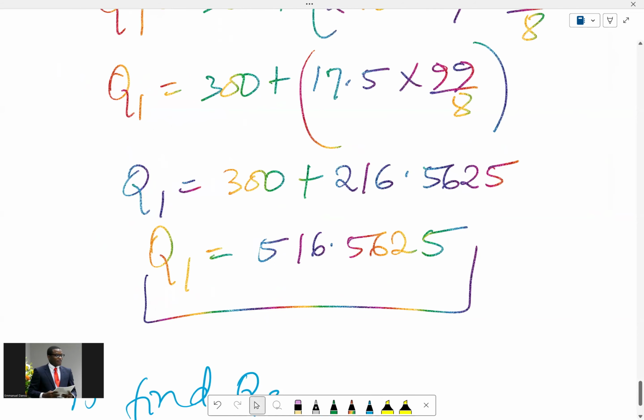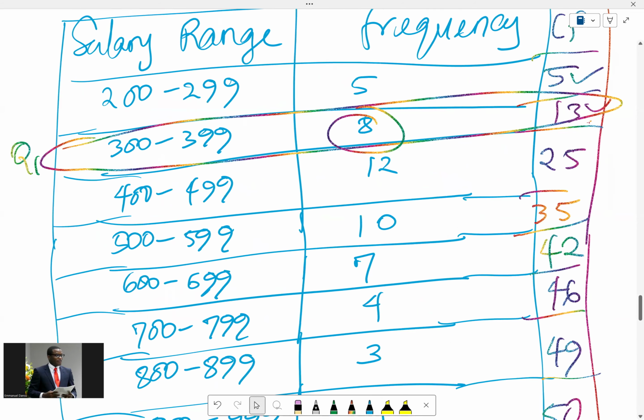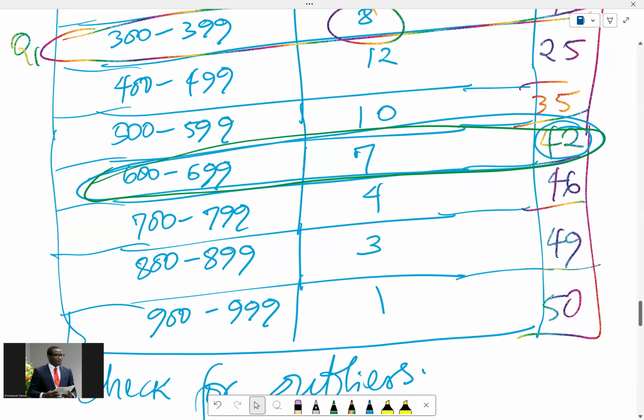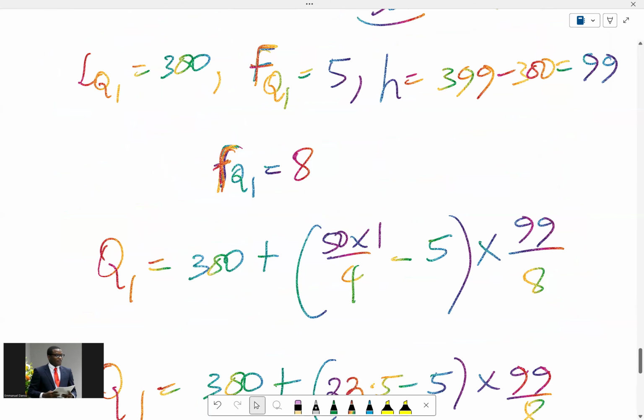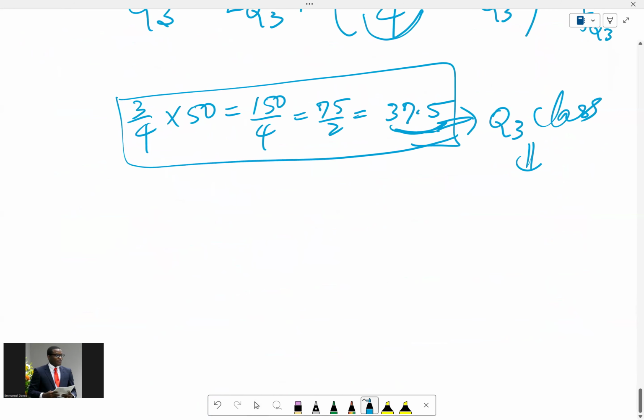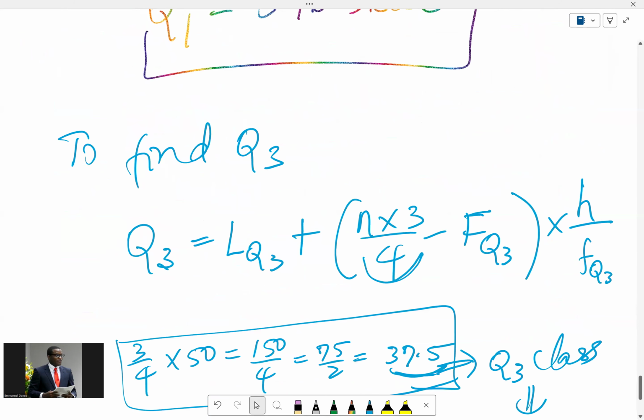So 37.5 falls here, that is 600 to 699. So 600 to 699 is the third quartile class.